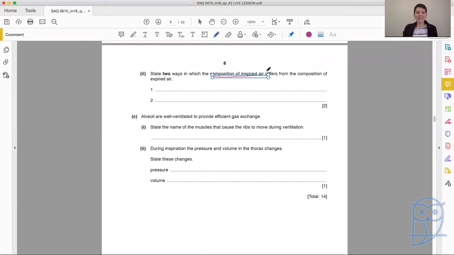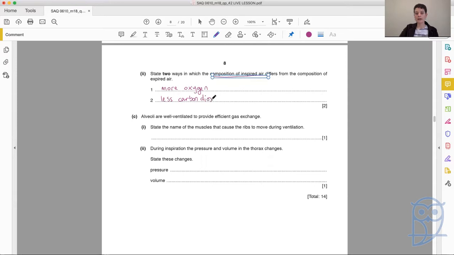So big differences in air are always oxygen, carbon dioxide, and water vapor. So when we're talking about inspired air, we have more oxygen and less carbon dioxide.